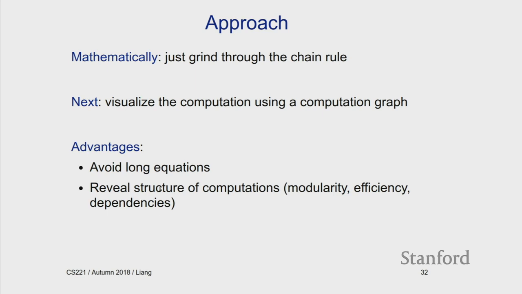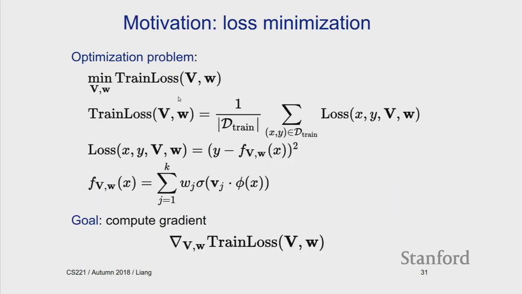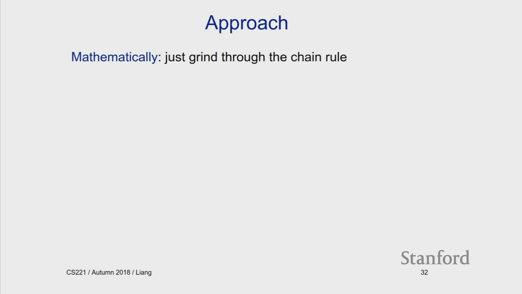Also, this is not so much for you, but for people who make TensorFlow: it allows you to see the structure of these computations, and you can design generic algorithms such that all you have to do is write down the model, and the algorithm can automatically compute the gradient for you. This is done for all of these popular neural net packages like TensorFlow or PyTorch.